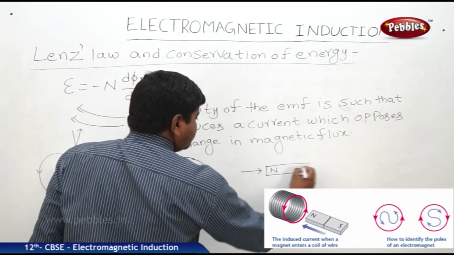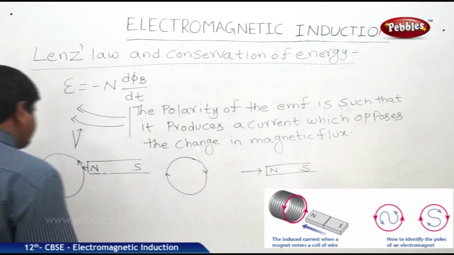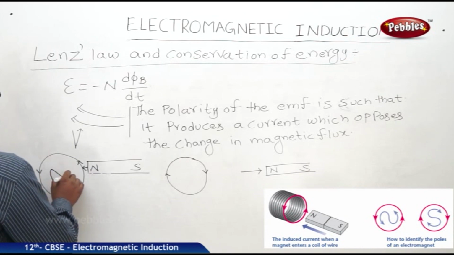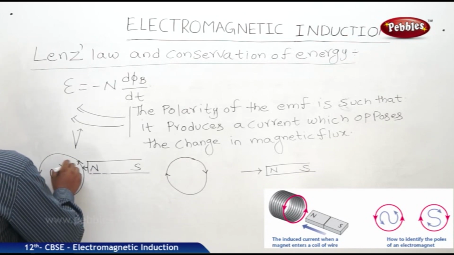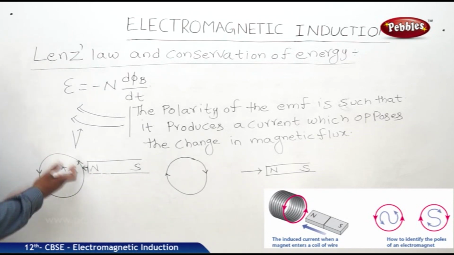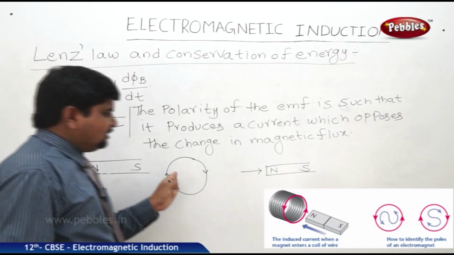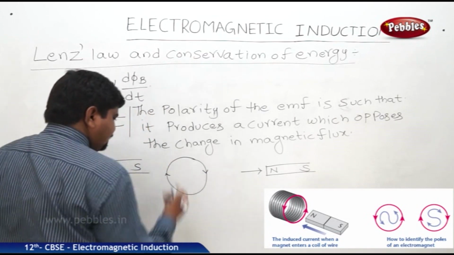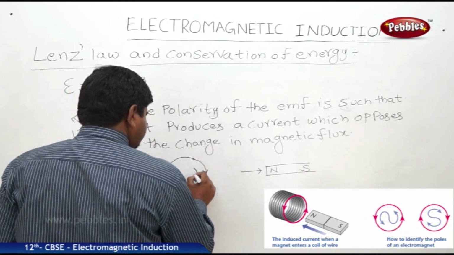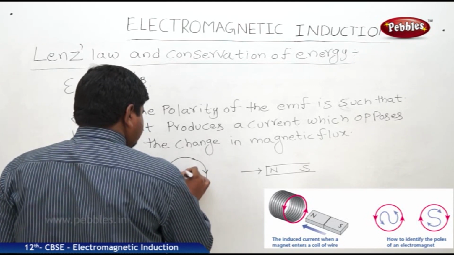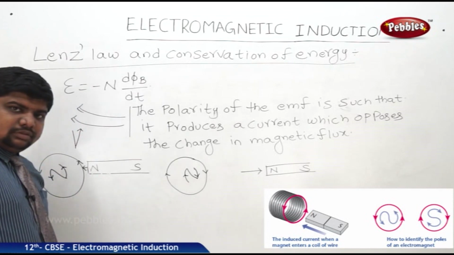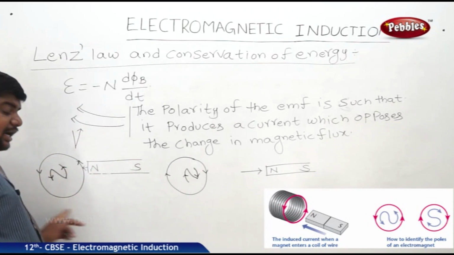So we can do like this. When the magnet approaches, the field orients in the anti-clockwise direction. When the magnet is away from the coil, it orients in the clockwise direction. So this is clockwise, this is anti-clockwise.